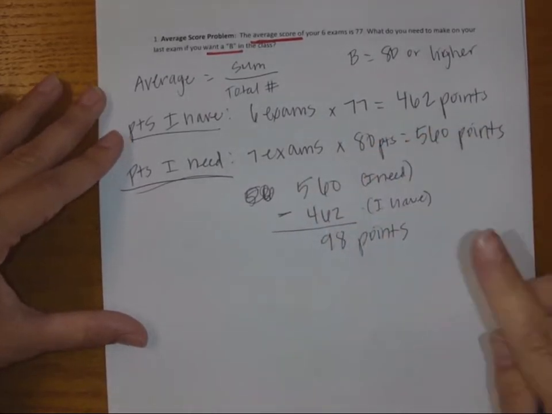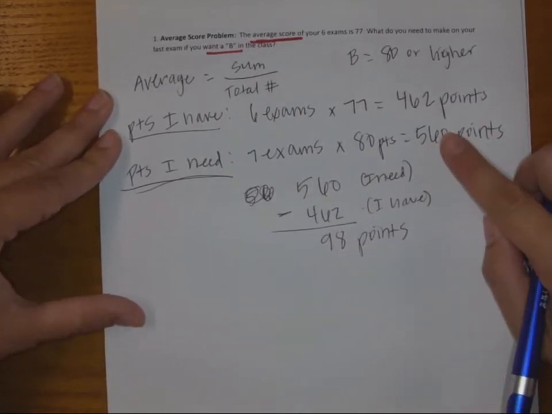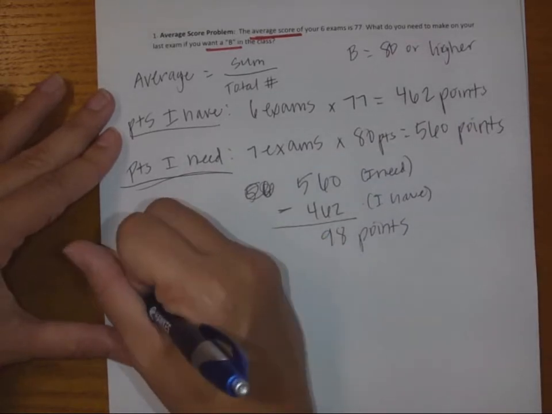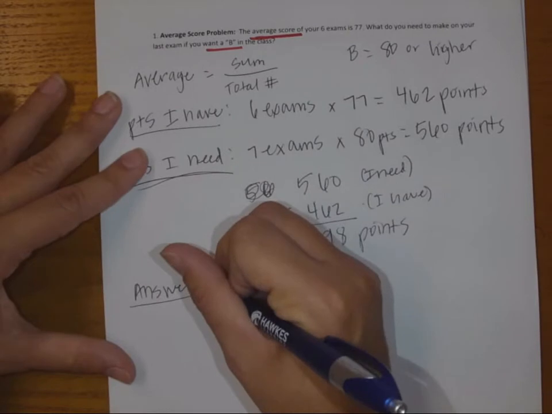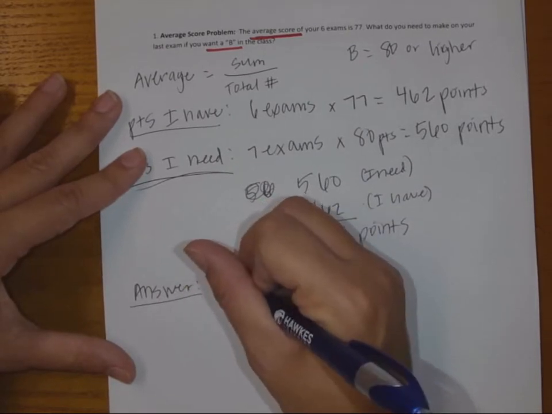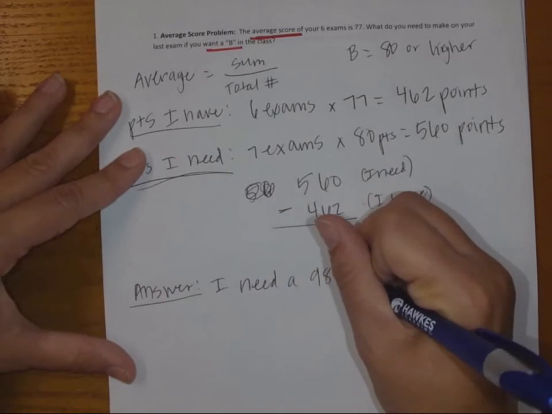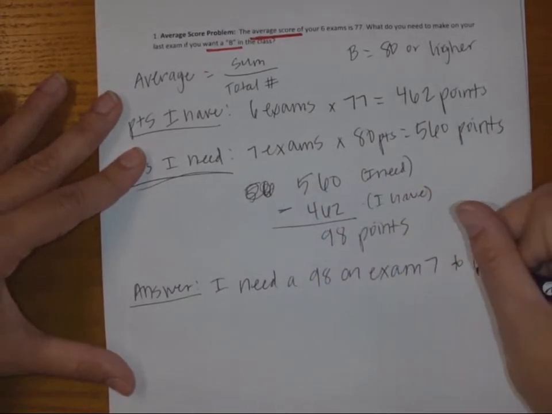That tells me I have to make a 98 on my test to have my total of 560 points so I can make an 80 in the class. So my answer would be: I need a 98 on exam 7 to make a B.